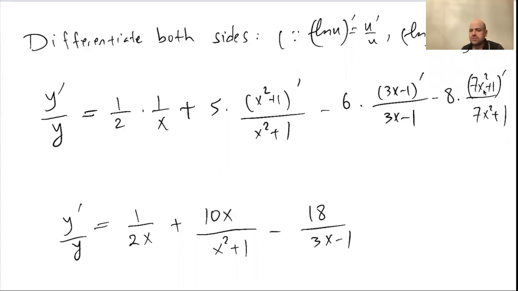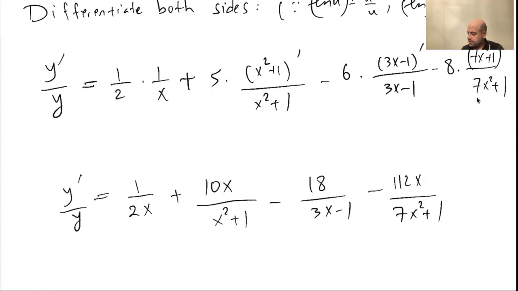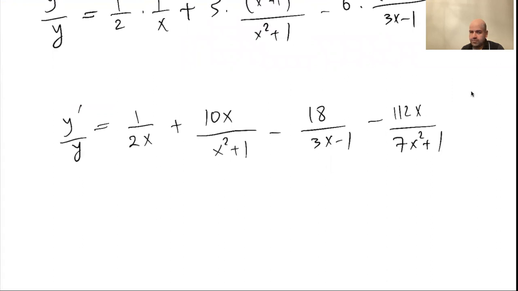And 7x squared plus 1 derivative is 14x, times 8 is 112x, divided by 7x squared plus 1. Okay, so this is y prime over y, right? And you want to find y prime. So we're almost done. We just need to multiply both sides by y. And we will find y prime.